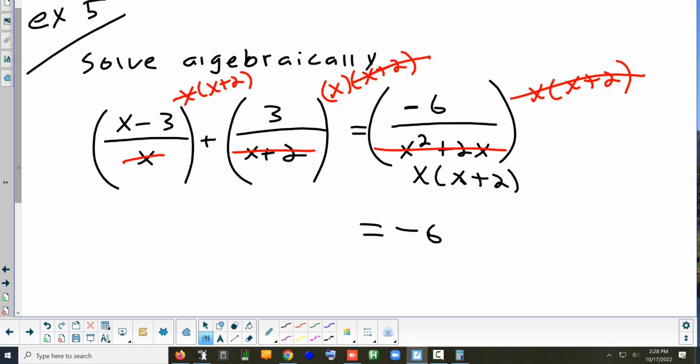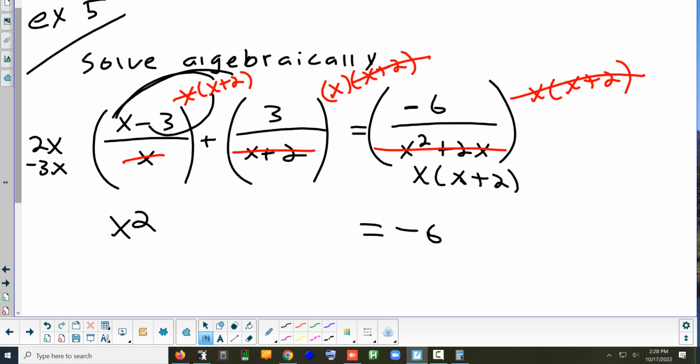Now on the left, you have x minus 3 times x plus 2. That's a distributive property. So you have to FOIL that up. Because that's in parentheses and so is the other one. So x times x is going to give me x squared. What's x times 2? 2x. What's negative 3 times x?